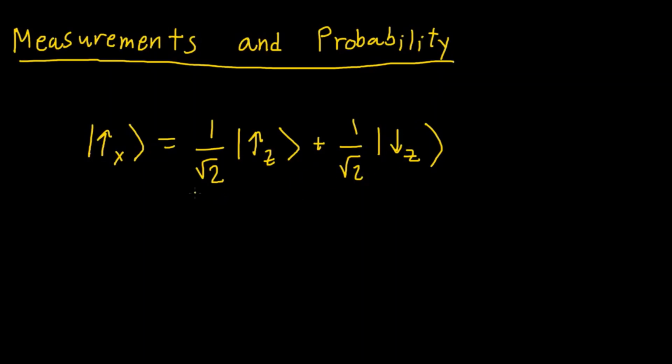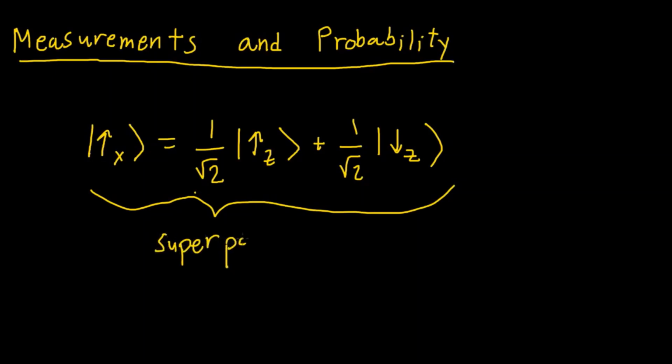And when we have a state that's a sum of two other states, we call this a superposition, which you might have heard before. That's just a word we use. So we could say that the spin-up state along the x-axis is in a superposition of a spin-up state along the z-axis and a spin-down state along the z-axis. I just wanted to explain what that word meant. It's really nothing too complicated. All right.